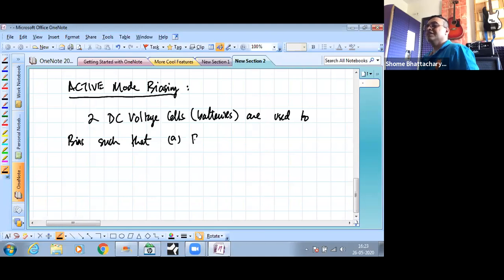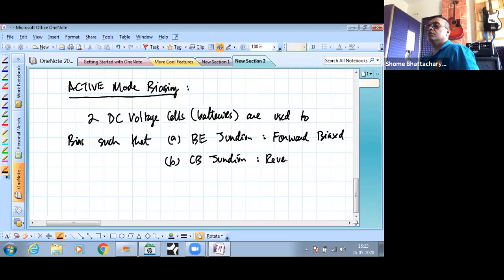so this is very important, base emitter junction is forward biased and collector base junction is reverse biased.